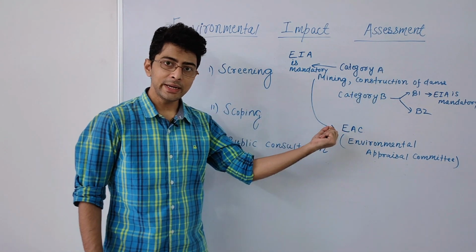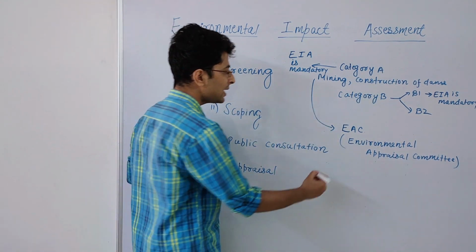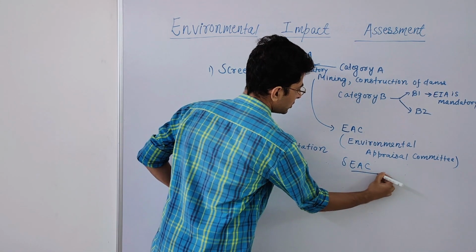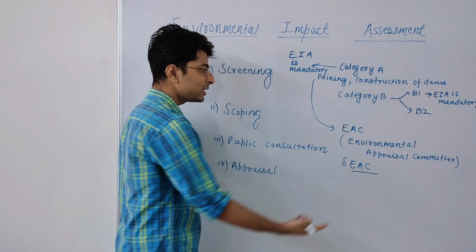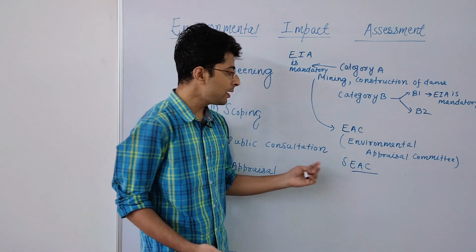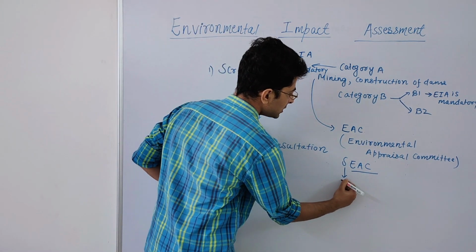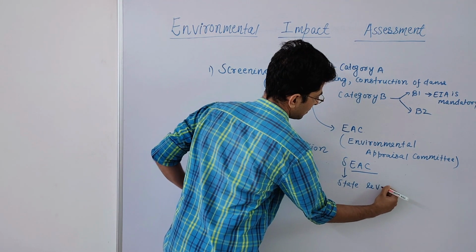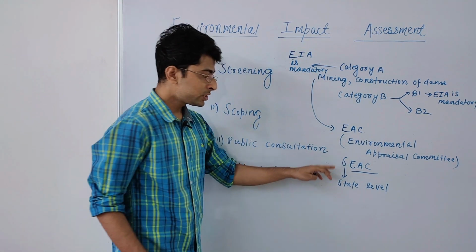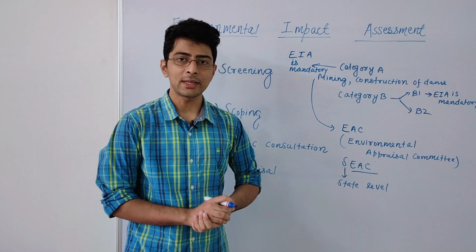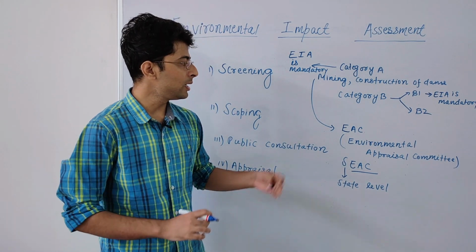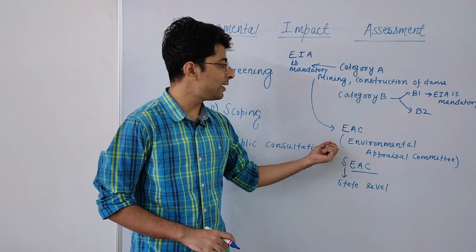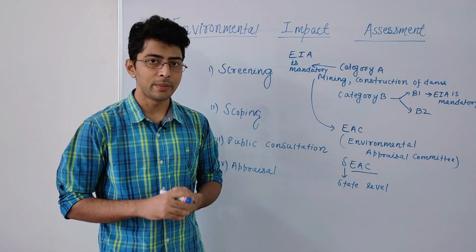At the level of state, there is another body which is SEAC. So as EAC stands for Environmental Appraisal Committee, S stands for state level. So SEAC is the state level environmental appraisal committee.